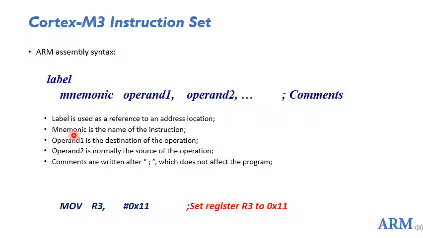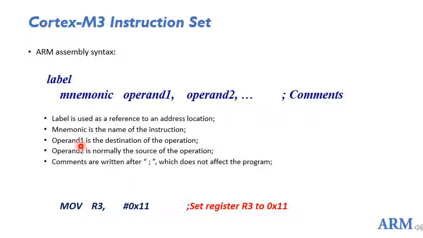So each of these tasks has its corresponding mnemonic in the instruction set. And then of course the operands: operand 1, operand 2, and so on. So there could be more than two operands.